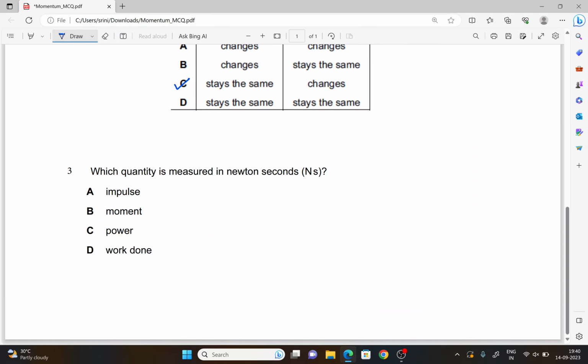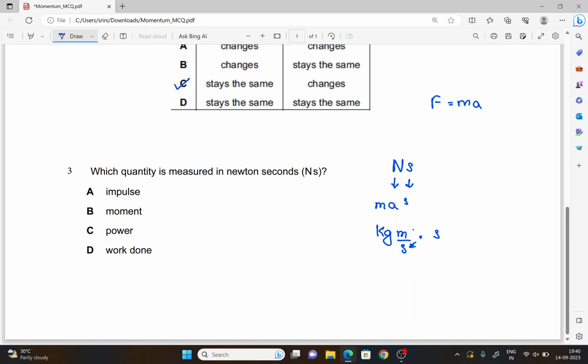Alright, let's look at the third question. Which quantity is measured in Newton seconds? First, let's write down Newton seconds. So 1 Newton is the unit of force. We know force F is equal to ma, mass into acceleration. We can write mass into acceleration times seconds, and we know mass has a unit of kg and acceleration has a unit of meter per second square, times second in the numerator.